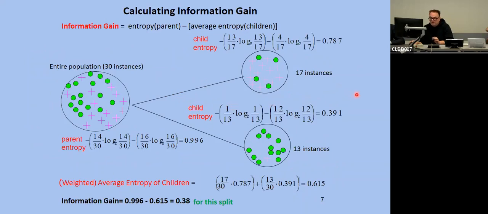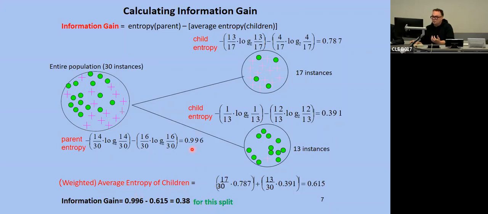Here's another calculation. You have the entire population here, 30 instances, these circles and pluses, and you can split them, 17 instances here, 13, however that was done. Then there are calculations for each of these child entropies with the parent, and then you get towards the actual information gain in that calculation.